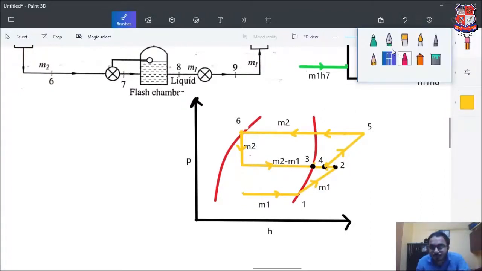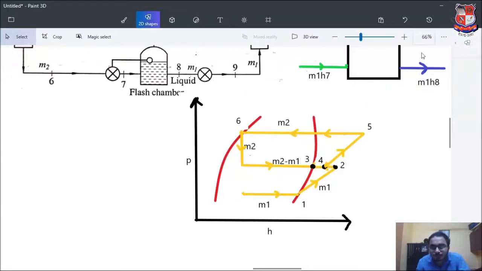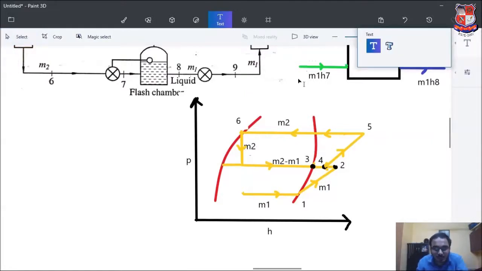Now as the remaining mass is being intercooled, so we can go from here to here, and we are now reaching up to point number 7. It is already there in the front above this figure. So this is our point number 7.